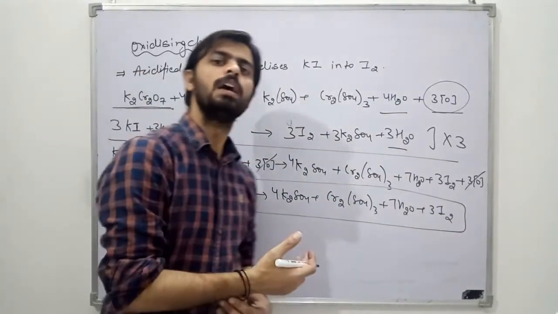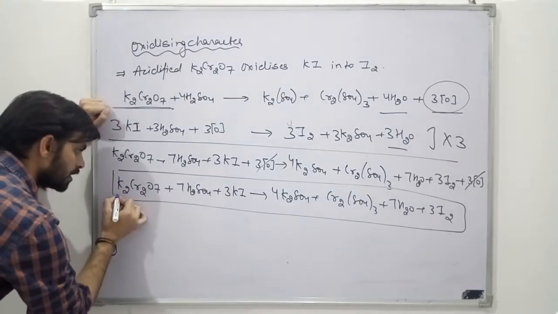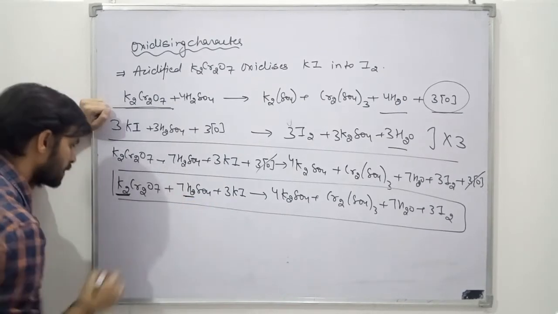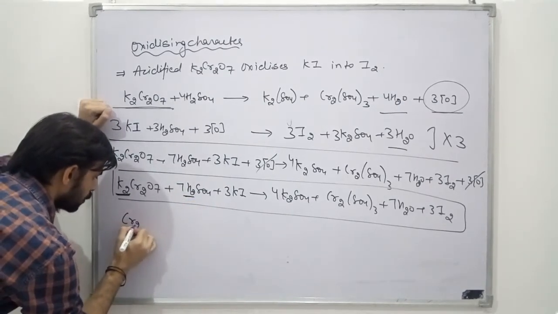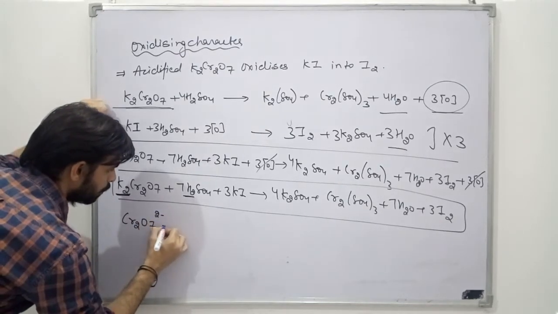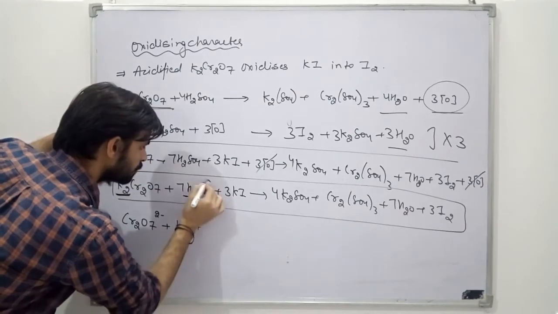We can have the ionic equation as well. In the ionic equation, we have just removed the potassium and hydrogen. So we have Cr2O7 2 negative plus 14 H plus ions. We have to neglect sulfate.